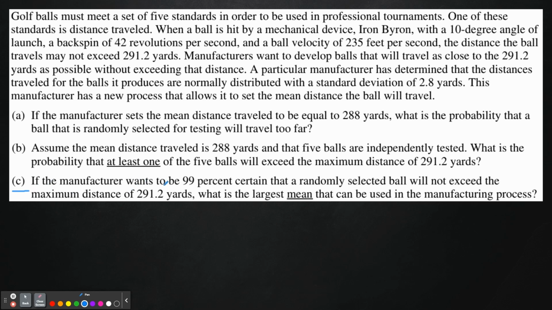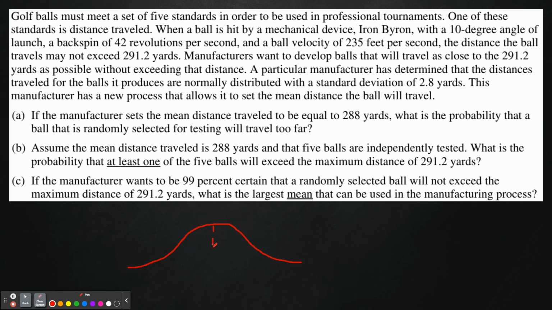If the manufacturer wants to be 99% certain that a randomly selected ball will not exceed the maximum distance of 291.2 yards, what is the largest mean that can be used in the manufacturing process? The distribution is still normally distributed, so we can draw a curve here.